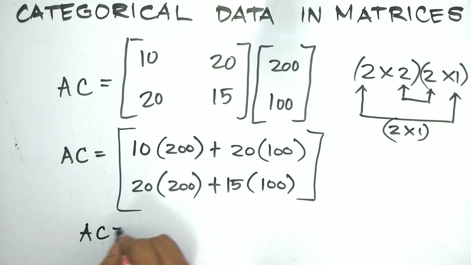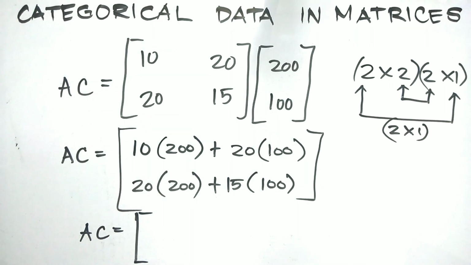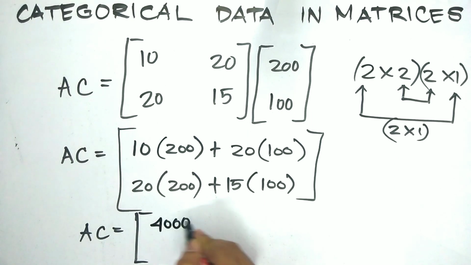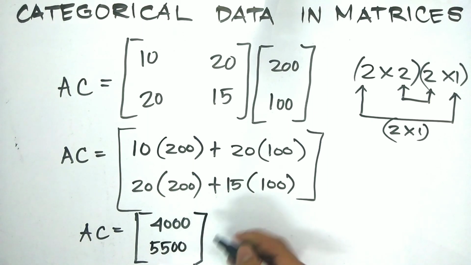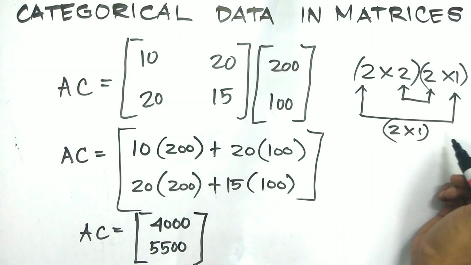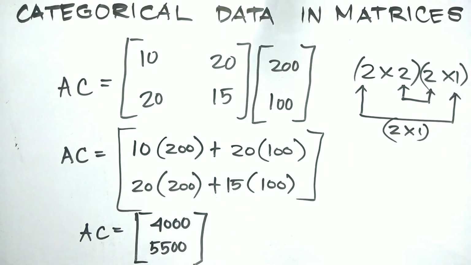So the total revenue AC would be 10 times 200 plus 20 times 100. This would be equal to 4,000. And 20 times 200 plus 15 times 100, or 1,500, is equal to 5,500. Now, the shape of the product is a 2 by 1 matrix.